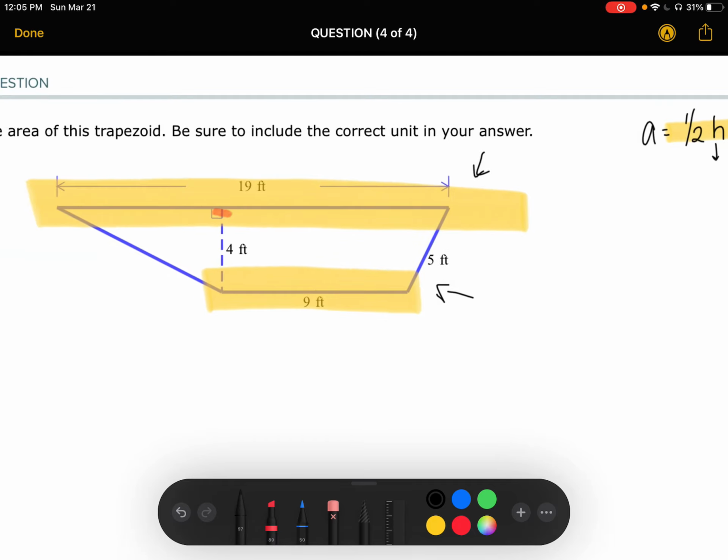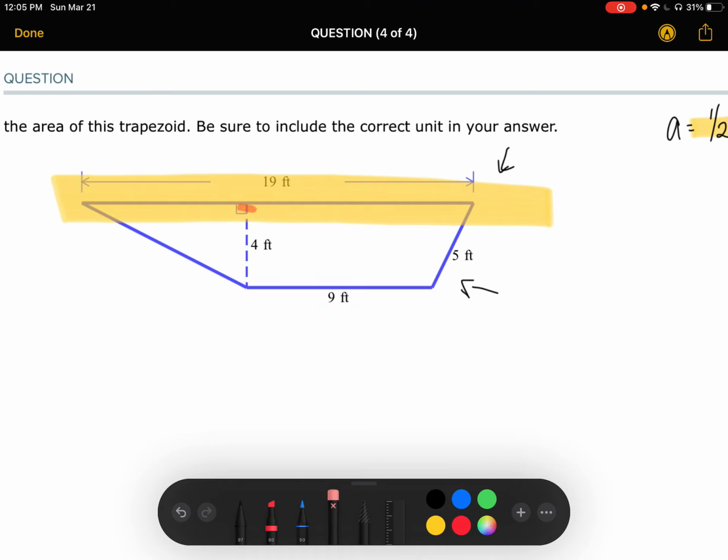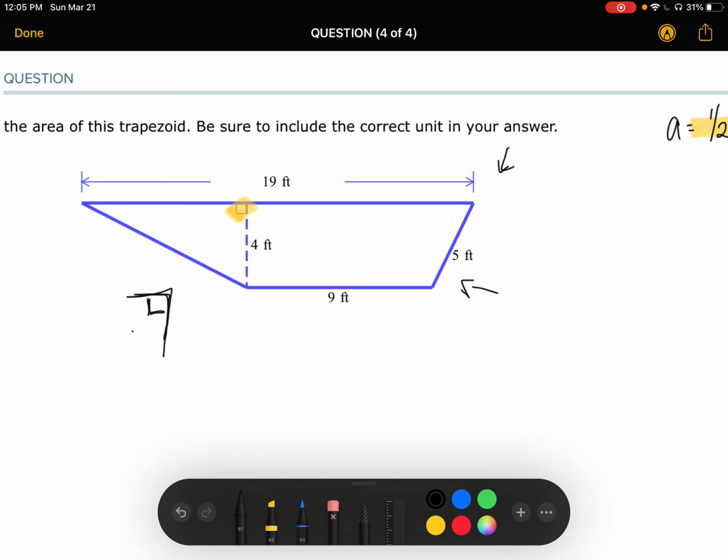What is this height? Now, the height is really easy to identify because it's essentially the same in everyone, but it's really important for you to make sure that you know which one that is. So I want you to look for the right angle, which is this little guy right here. You already have that, and then you have this right angle, this box in the corner of the angle.